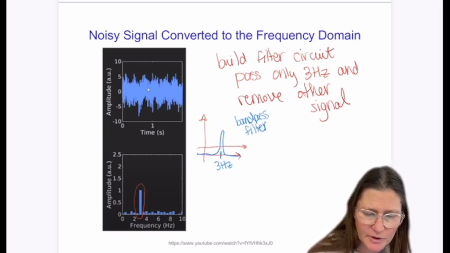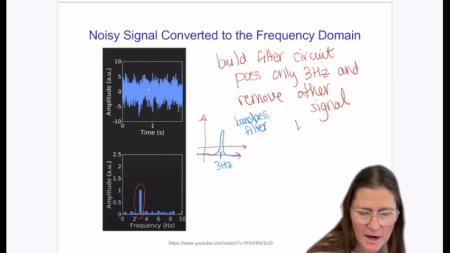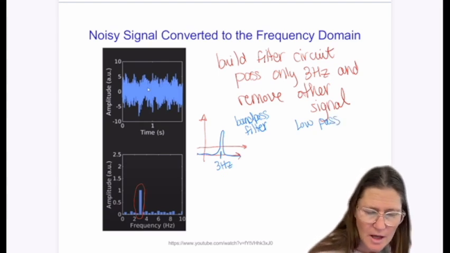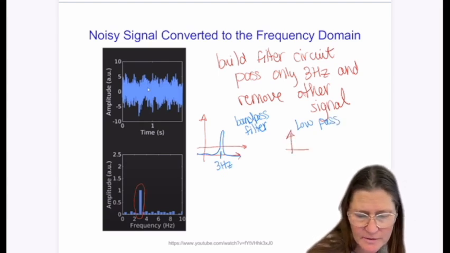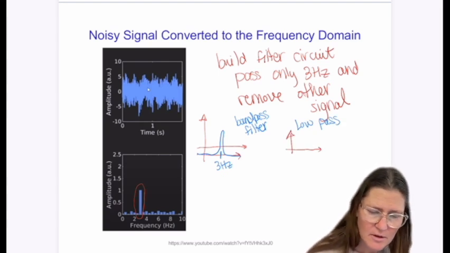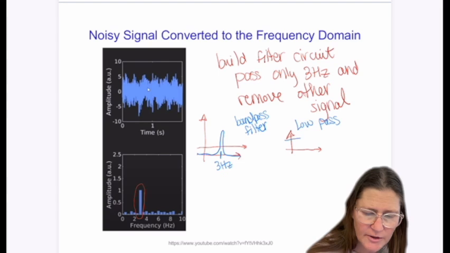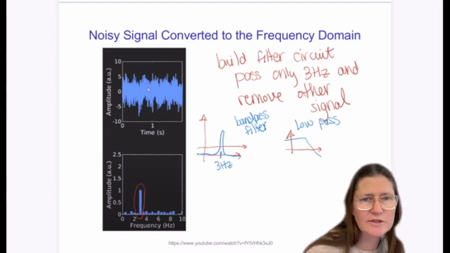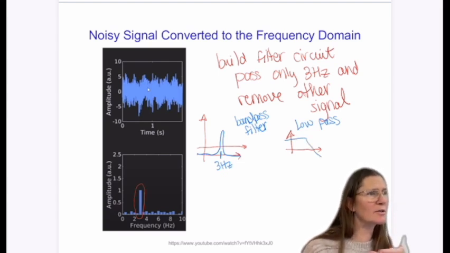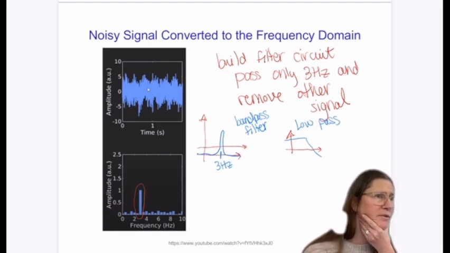The other types of filters: there's a low pass. With a low pass, it's going to pass everything until it reaches a certain frequency, and then it's going to attenuate everything after that.